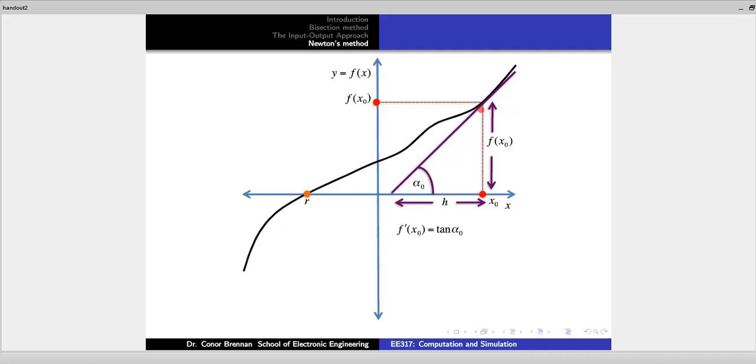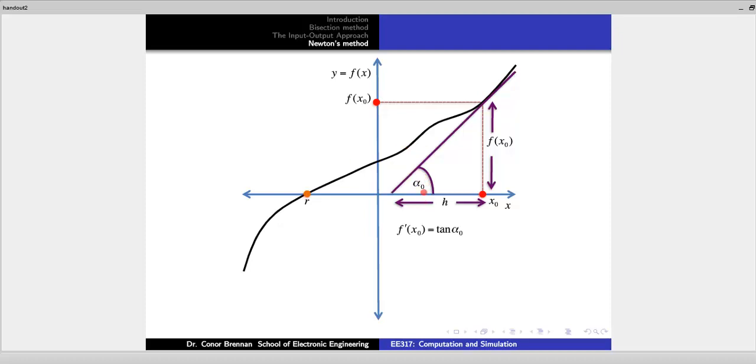The tangent to the curve is basically a local linear approximation to the curve. The curve is not a straight line, but if we approximate it as a straight line at this point, zooming in on it, the straight line we would get would be this. It's called a tangent. We continue the tangent down as far as the x-axis.